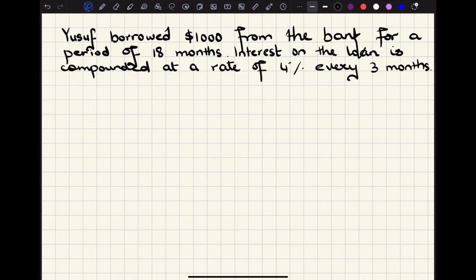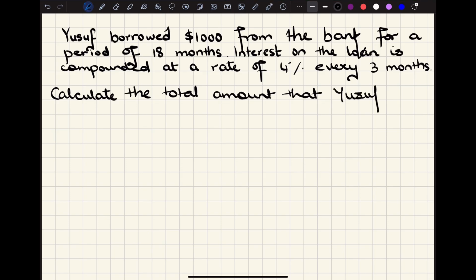Calculate the total amount that Yusuf must pay back to the bank. So you need to calculate the total amount that Yusuf must pay back to the bank.